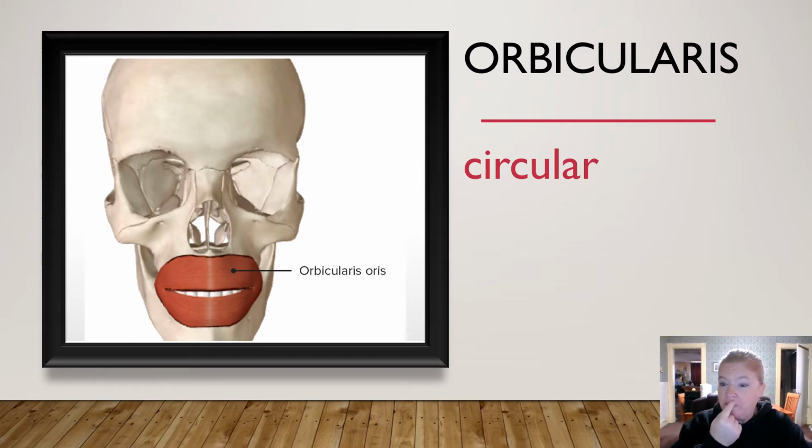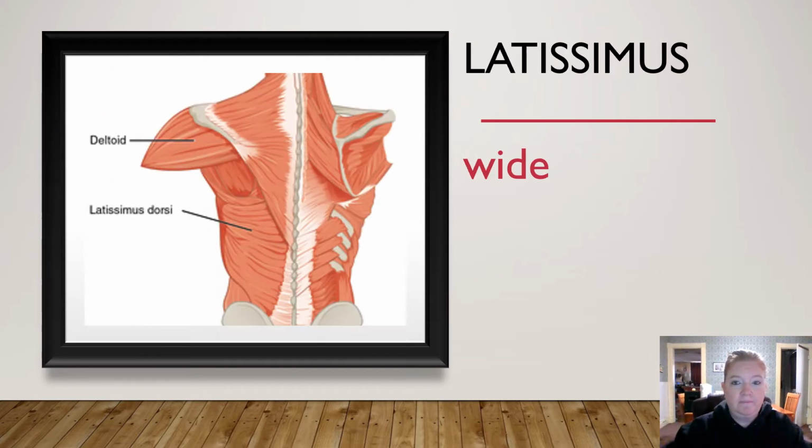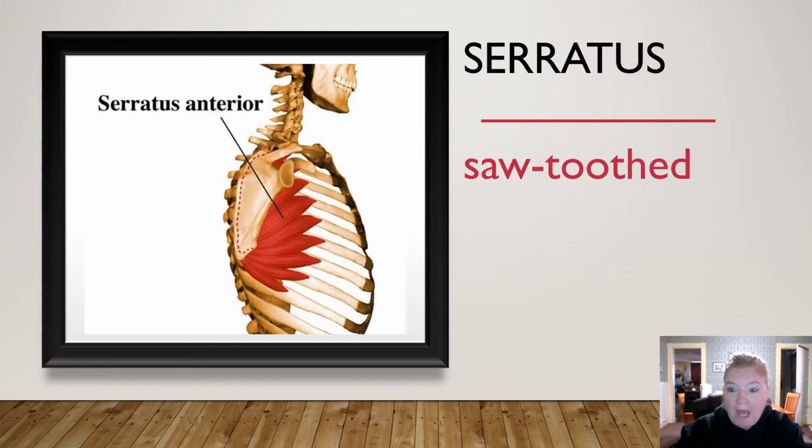We have orbicularis oris and we have orbicularis oculi. Latissimus, wide. Okay, so you can see that back muscle, how wide it is. And the dorsal part, that's location. Serratus, saw-toothed. So you can see it's like serrated.